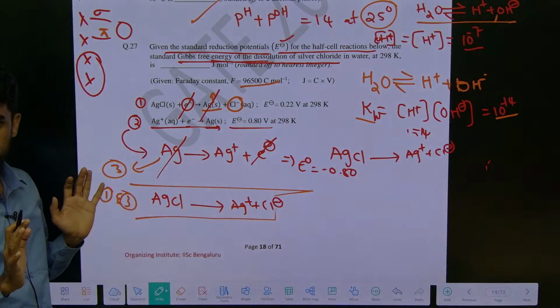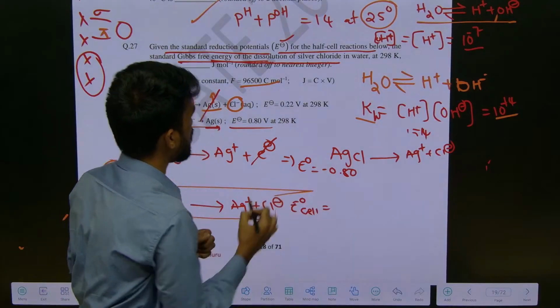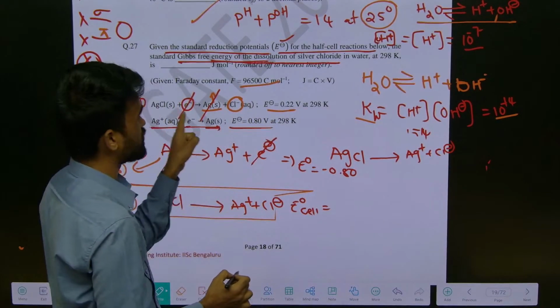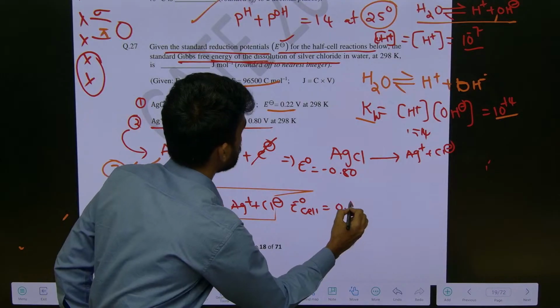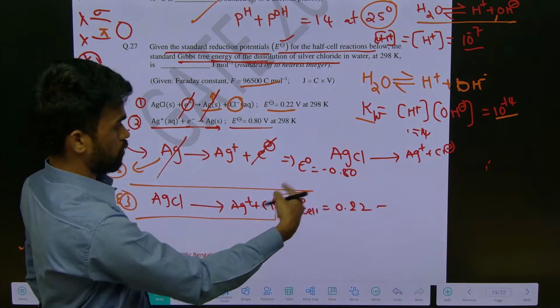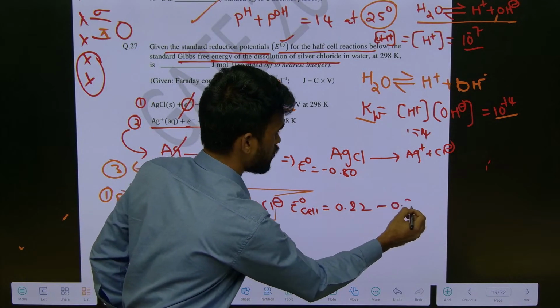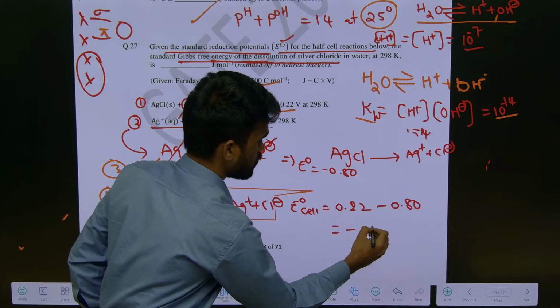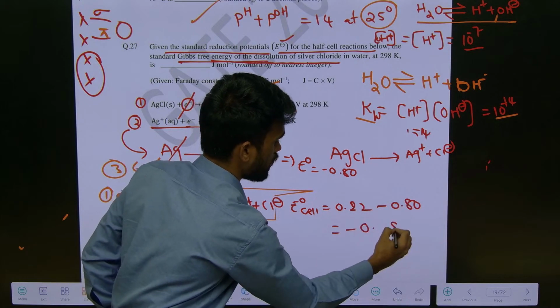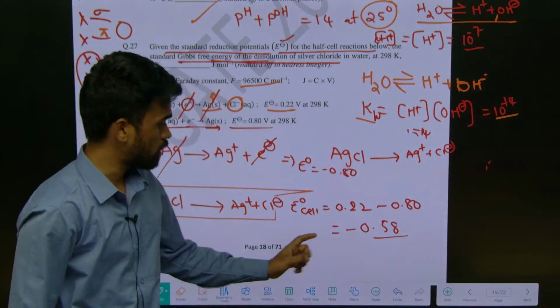We got our equation, that's it. So now E naught cell will be calculated by adding these as it is. So 0.22 plus minus 0.80, so minus 0.8758. Okay, that's it. We got E naught cell also.